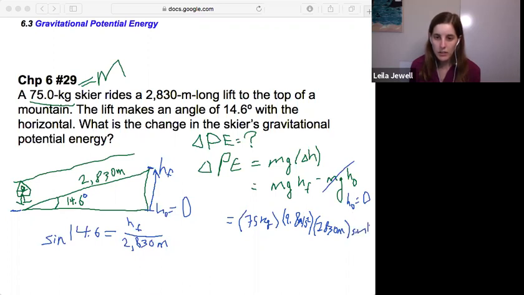Almost off the screen there. All right, so if you calculate all of that out, you should ultimately arrive at something like 5.24 times 10 to the fifth.